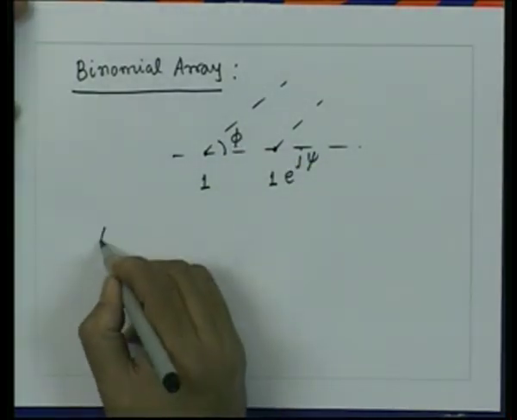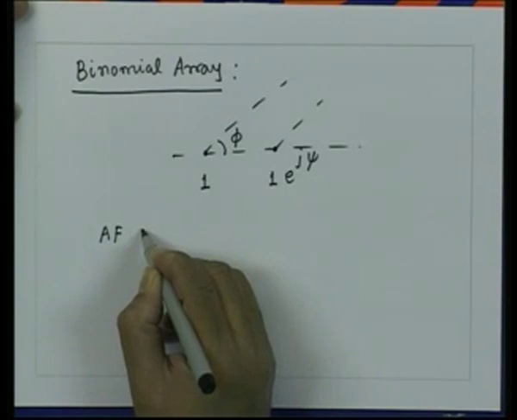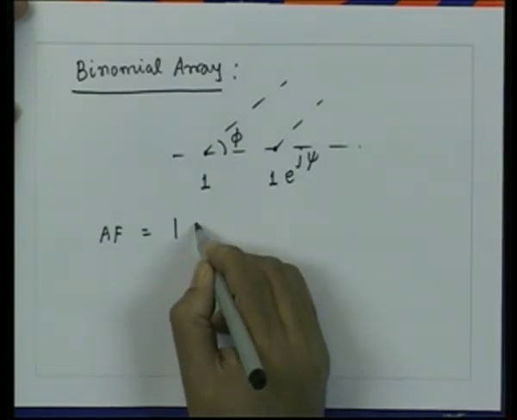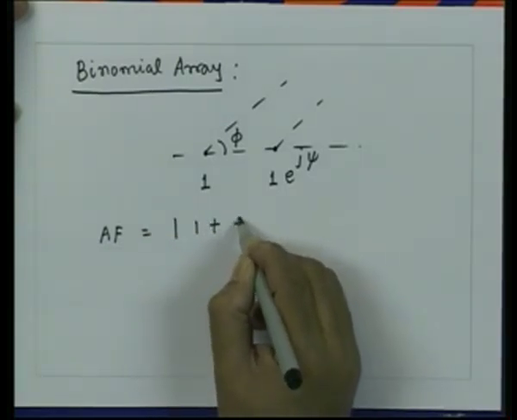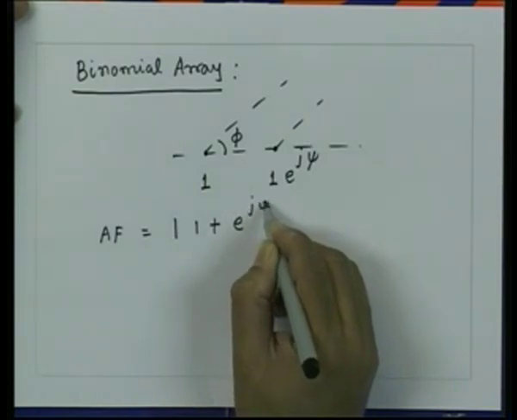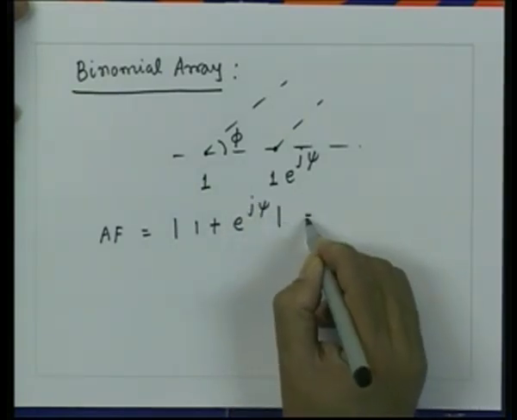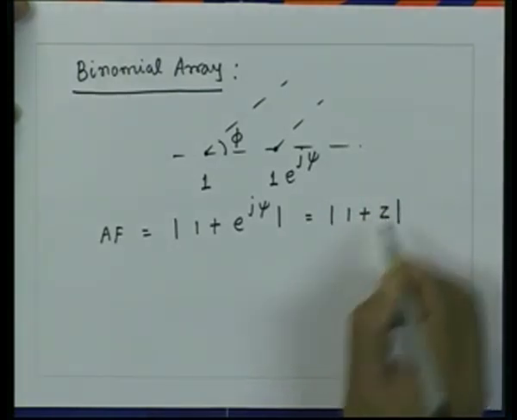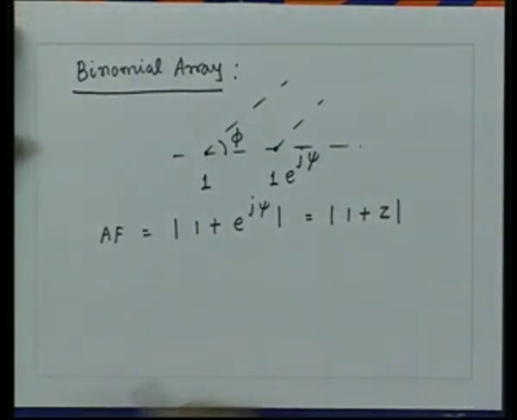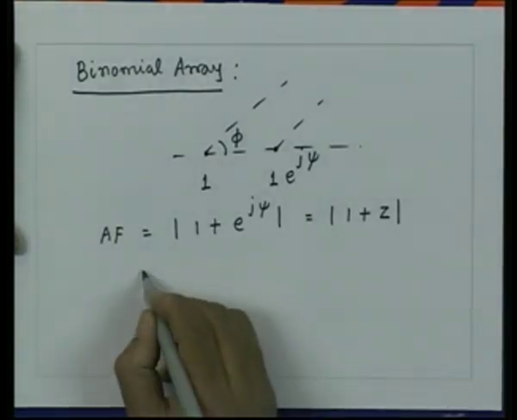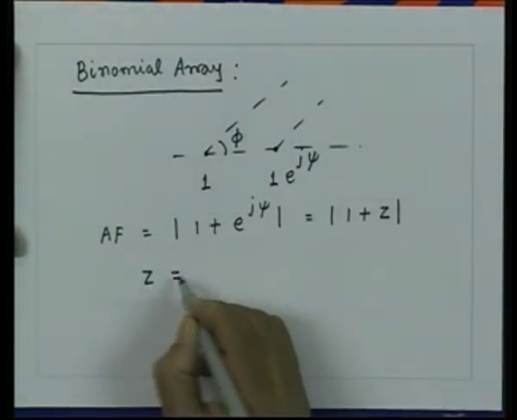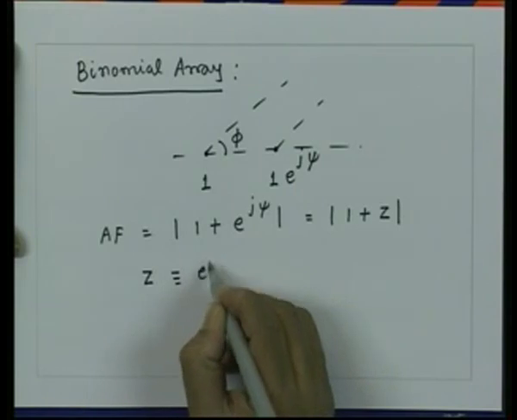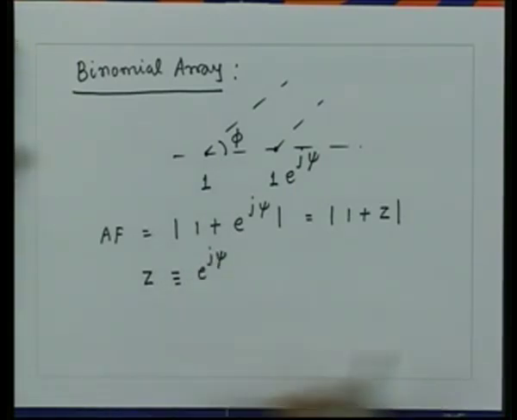So, the array factor, as we saw last time, is equal to mod of 1 plus e to the power j psi, which we wrote as 1 plus z, where z is e to the power j psi. So, we define this complex parameter z, which is equal to e to the power j psi.